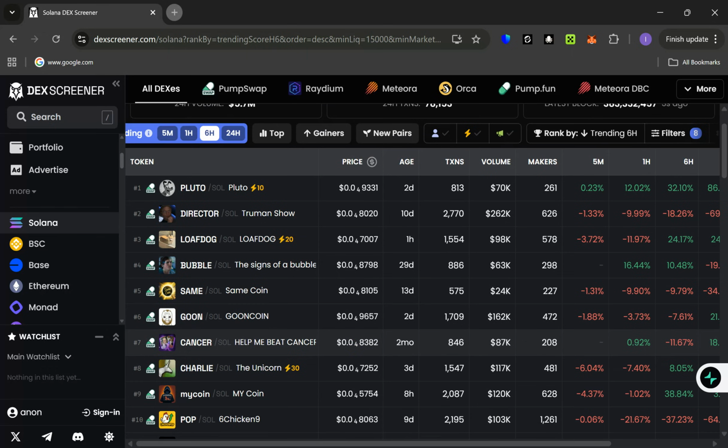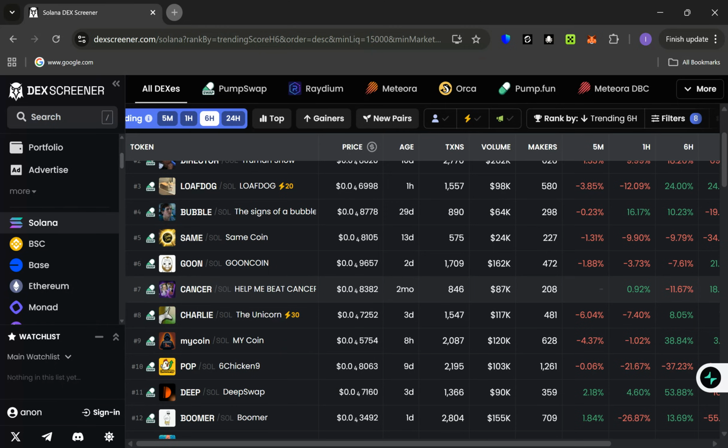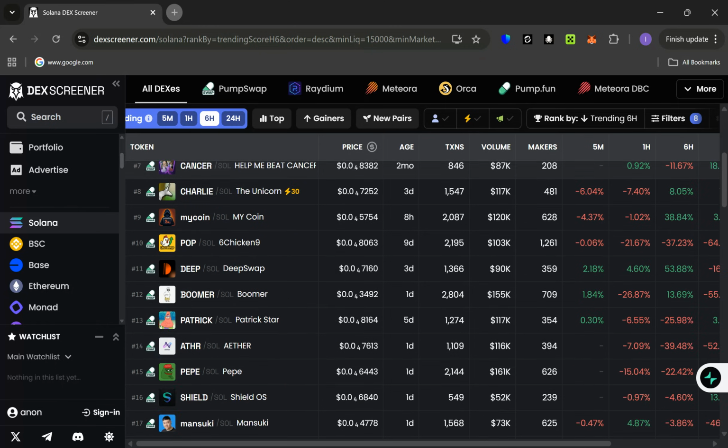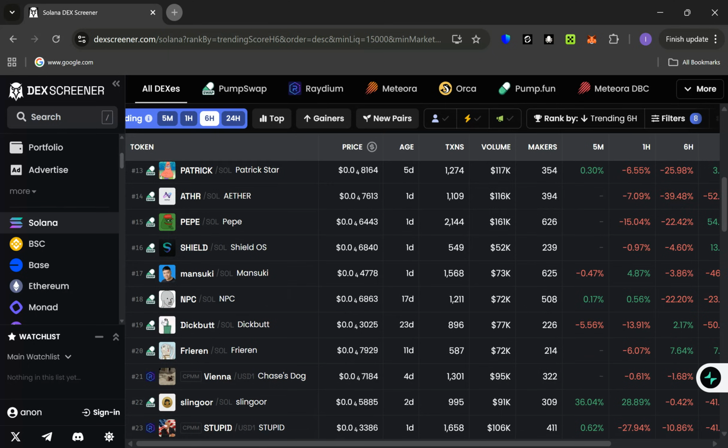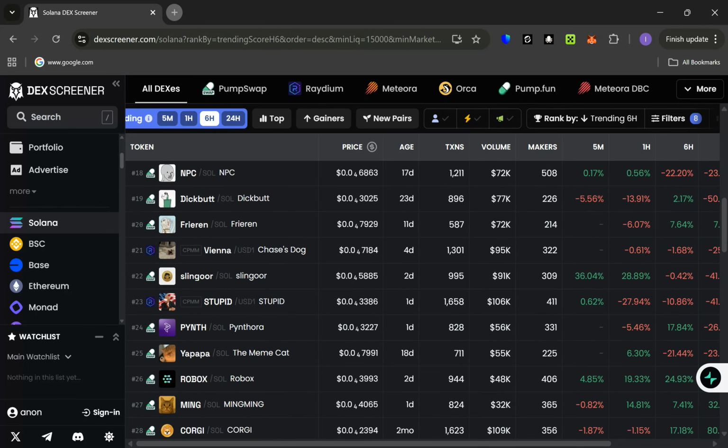So you see, there is this token, I'm very sure I called it in the group, and this Director I think gave us around 20x or 21x. So Director, there are a lot of tokens that are very good, even here that you can look at. They can give you even this Boomer. I'm very sure I called this Boomer in our pre-group day before yesterday. Yeah, I can see a lot of good tokens, you see.